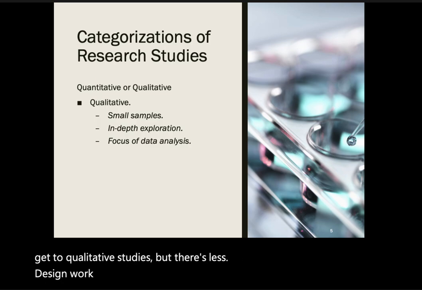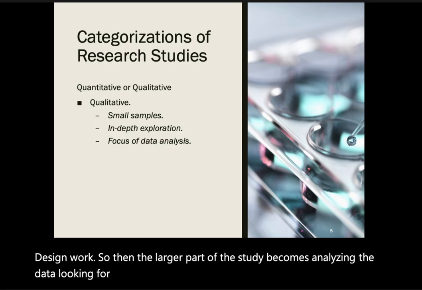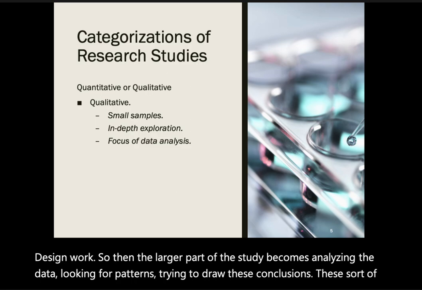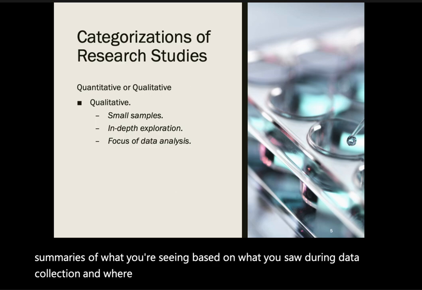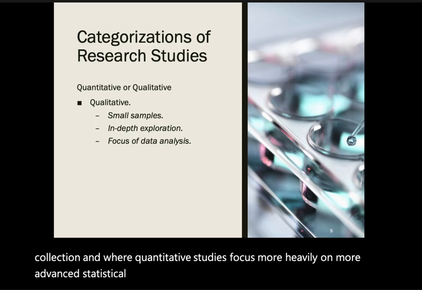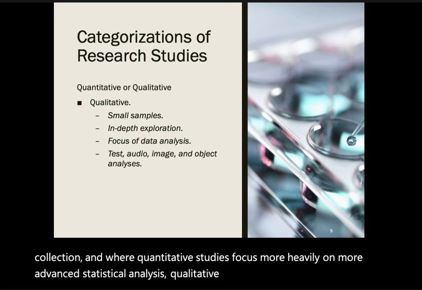So then the larger part of the study becomes analyzing the data, looking for patterns, trying to draw these conclusions, these sort of summaries of what you're seeing based on what you saw during data collection. And where quantitative studies focus more heavily on more advanced statistical analyses, qualitative studies focus more on text, audio, images, and object analyses.